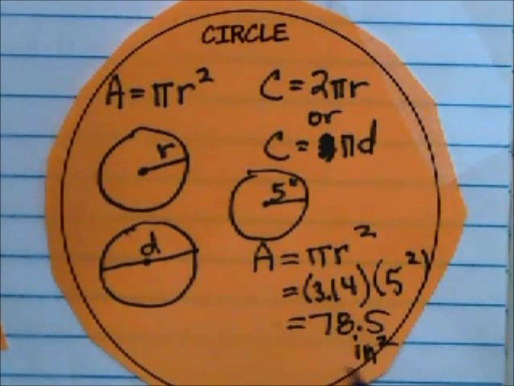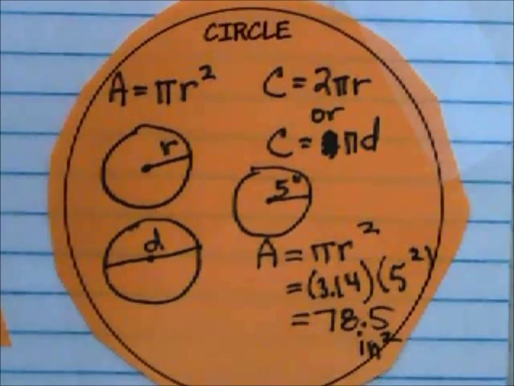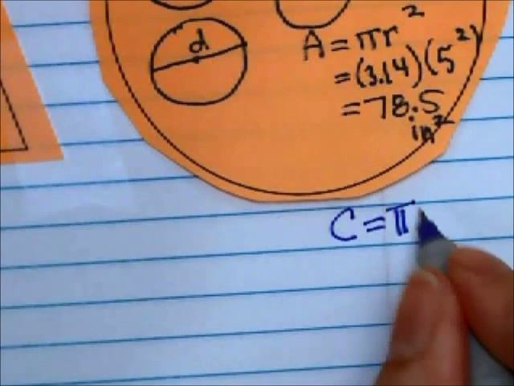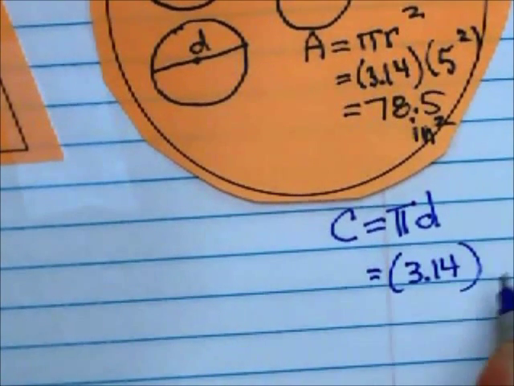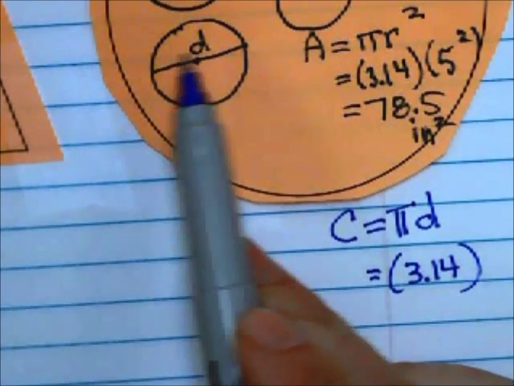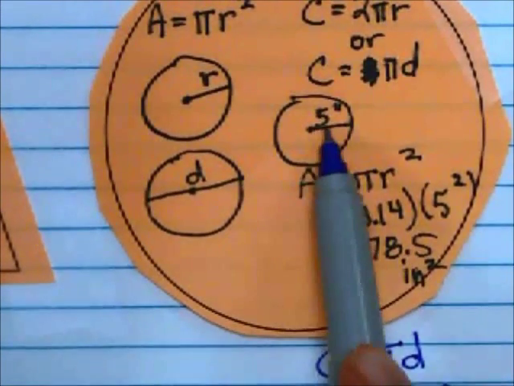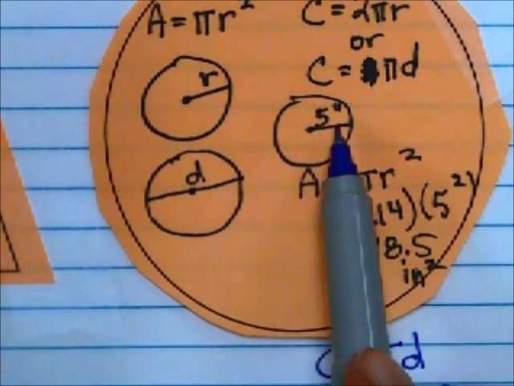And circumference is equal to pi, oops, let me get to where you can see it. Circumference is equal to pi times the diameter. So that's going to be 3.14 times the diameter of the circle, which diameter, remember, is all the way across. So if the radius is 5, then my diameter is going to be 10.